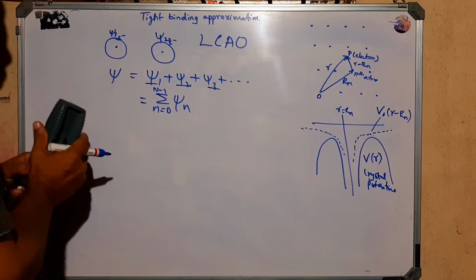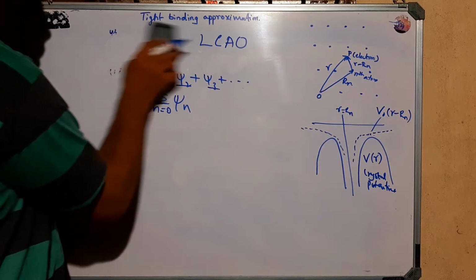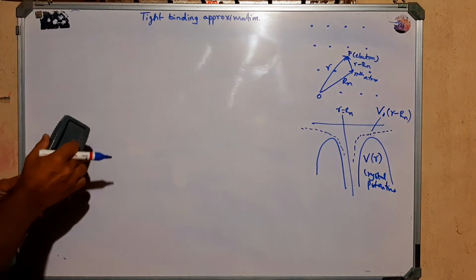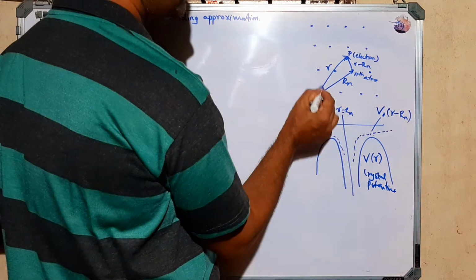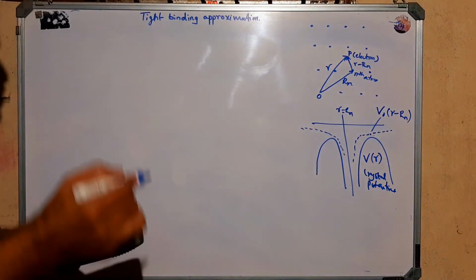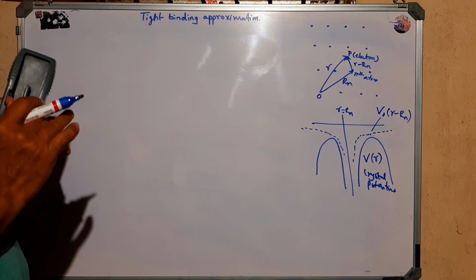To understand this, let us consider a two-dimensional crystal lattice. In this diagram, these dots indicate the lattice points, that is, each dot corresponds to one atom.